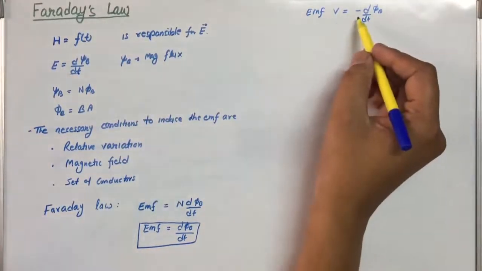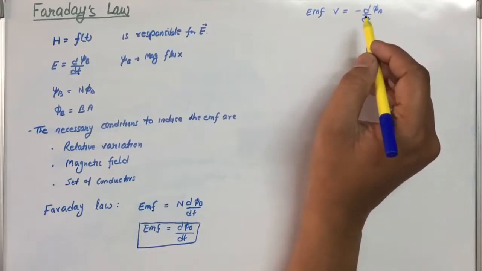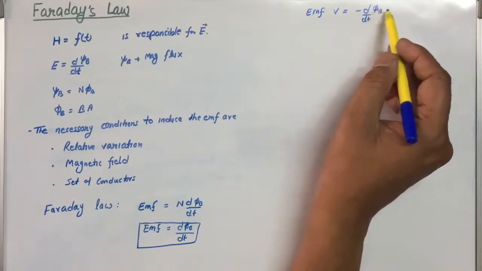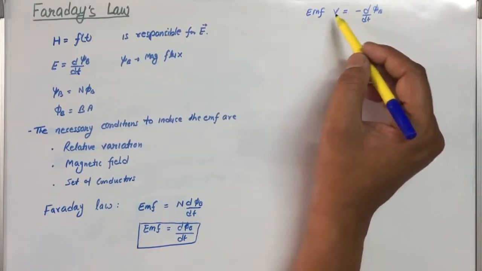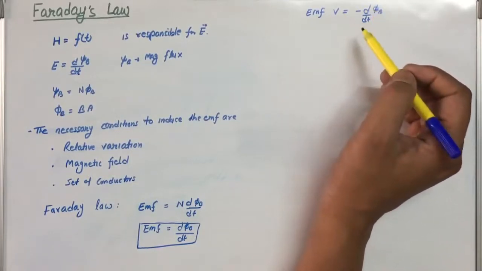Why negative? Because the effect opposes the cause according to Lenz law. That is, the cause is time varying magnetic flux and the effect is induced EMF. So induced EMF will oppose the variation of the flux.